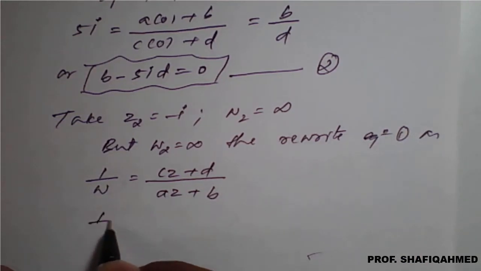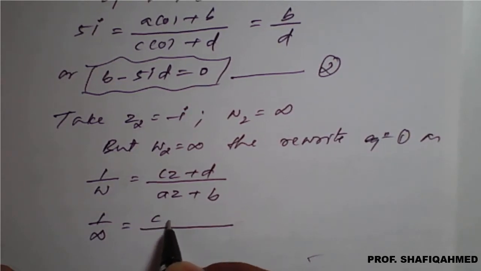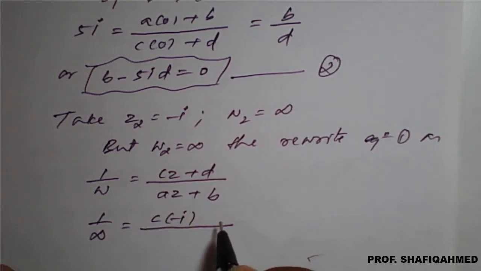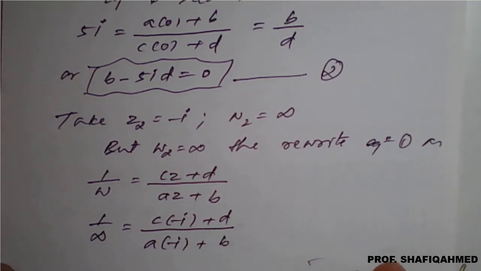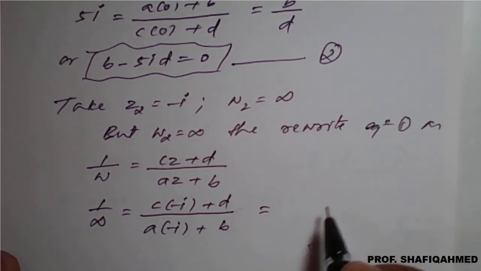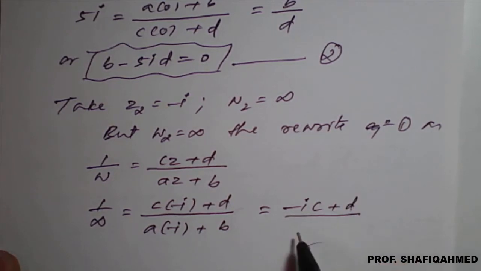So 1/infinity equals c times z, which is -i, plus d, with d as it is, divided by a times -i plus b. On rearrangement the right-hand side is (-ic + d)/(-ia + b). And 1/infinity is nothing but 0.